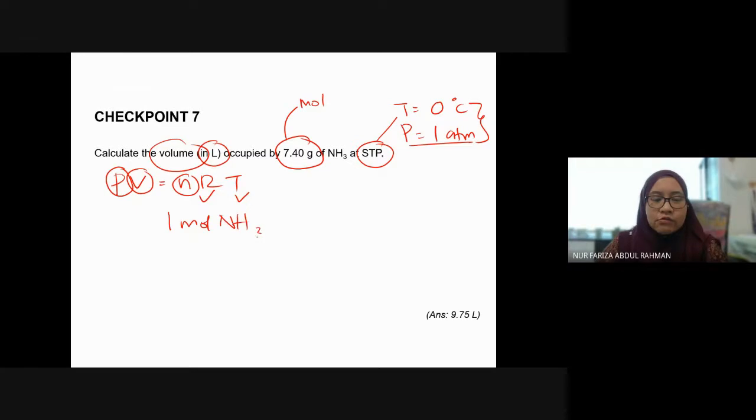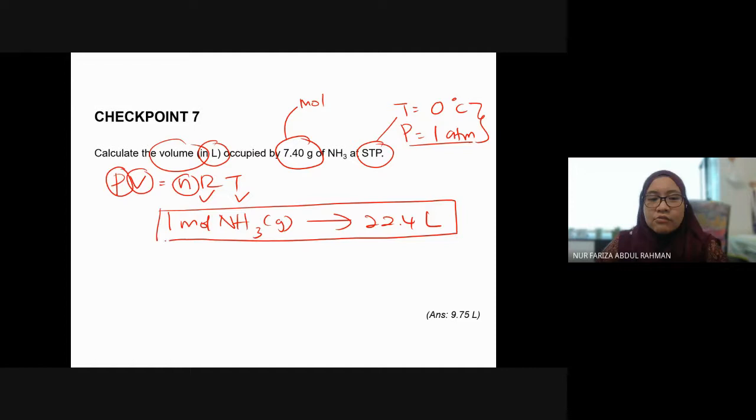So 1 mole of NH3 gas has a volume of 22.4 liter. We knew about this already, so we may use this as our conversion factor. This is only applicable at STP. So 1 mole is 22.4 liter.